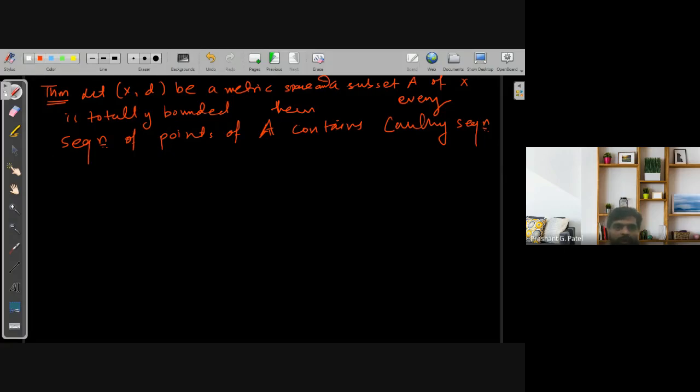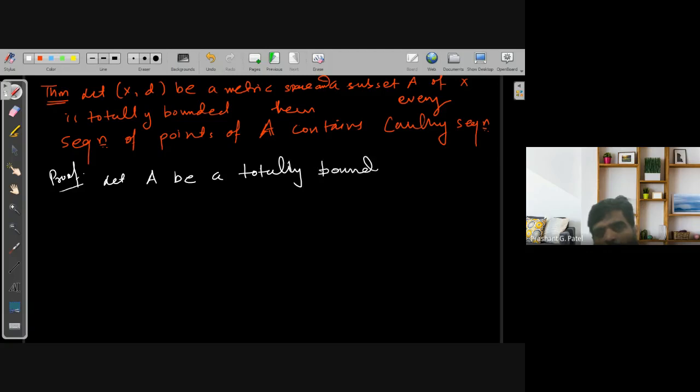So let us try to prove this here. Let A be totally bounded. It is given; that is our assumption. And here I have to prove that every sequence of points in A contains a Cauchy sequence.